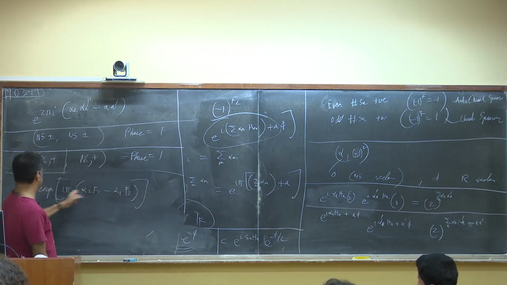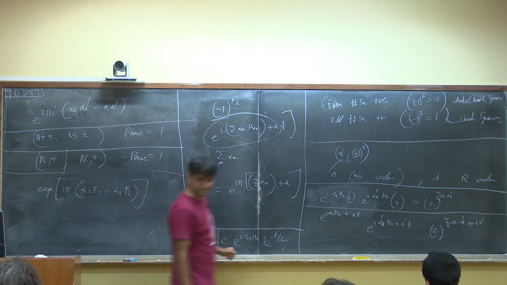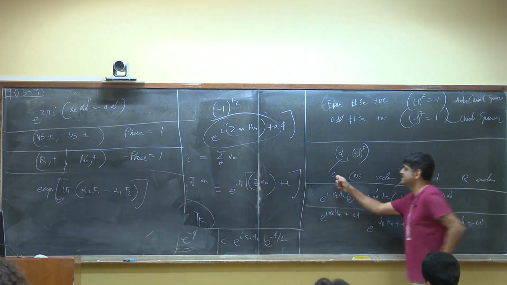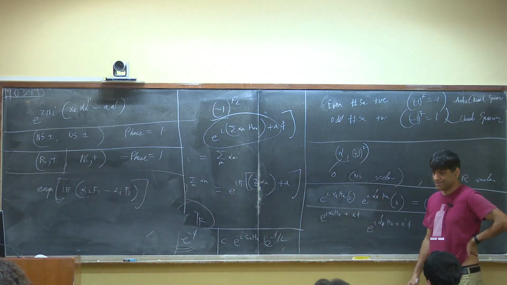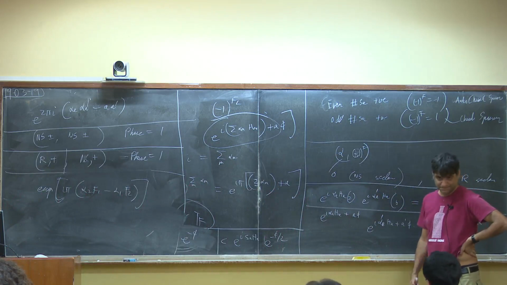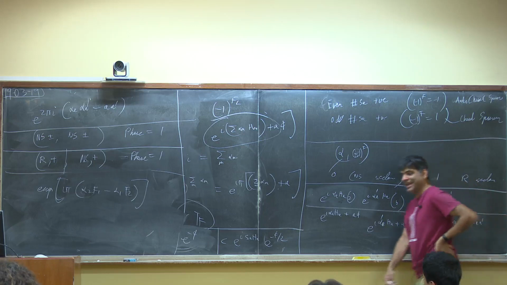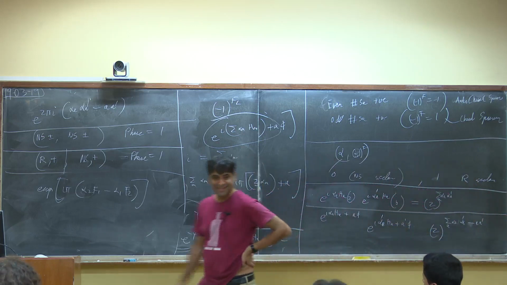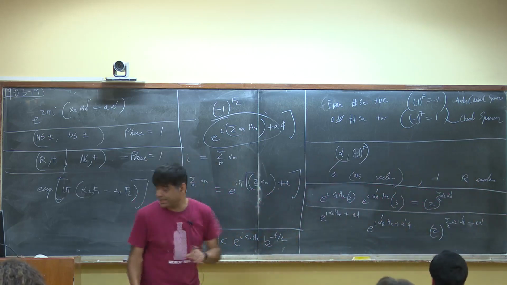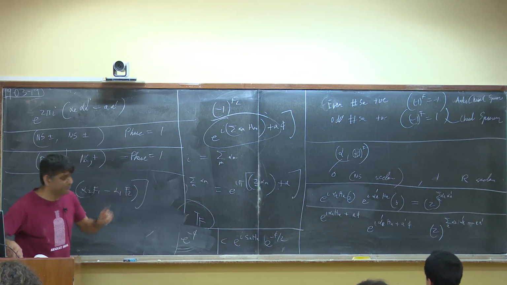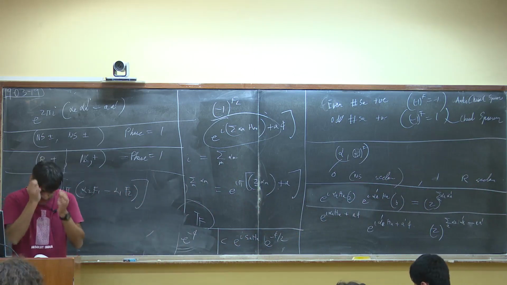So you remember what alpha was? Alpha was a number that was 0 in the NS sector and 1 in the Ramond sector. Now, is it minus 1 to the f or not? Sorry, this may be serious.